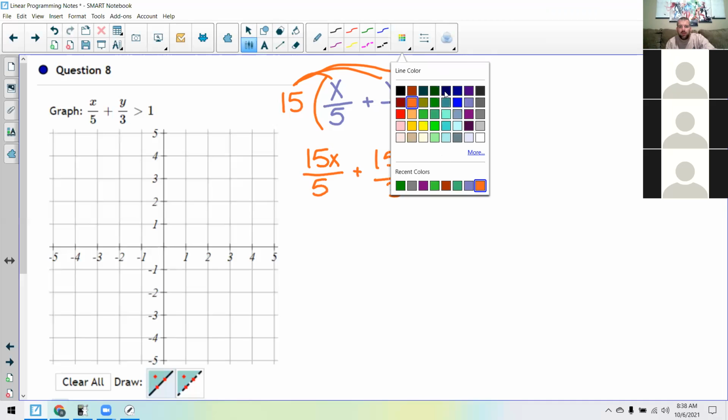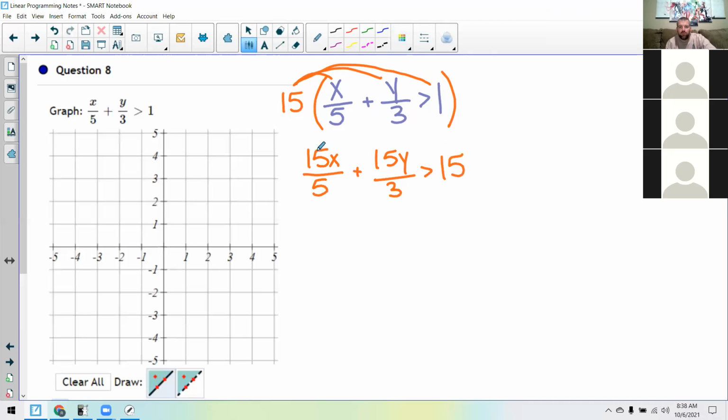And the reason we picked 15 is because now these will reduce. 15 divided by 5 is 3x plus 15 divided by 3, that's 5y is greater than 15.